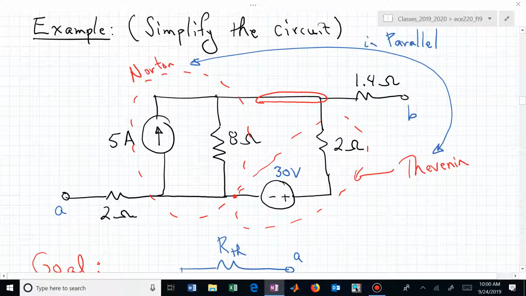Which ones go together in parallel? Nortons. If they're in parallel, we need to convert the Thevenin into a Norton. Is that clear? We have two things that are different, but they're in parallel. Let's convert one of them so that we can combine the two.